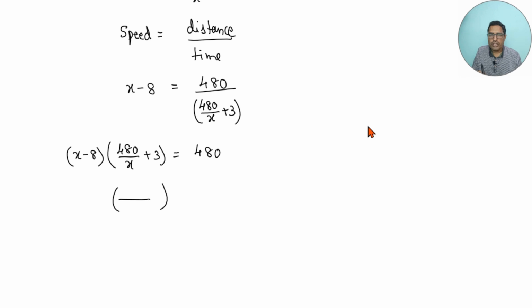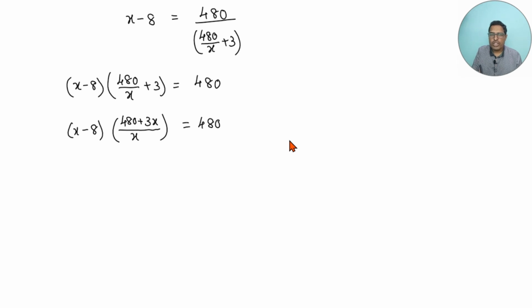Cross multiplying this x, x into 3 will become 3x. In the numerator I have got 480 plus 3x. This x minus 8 will remain as it is, equals 480, which will also remain as it is.